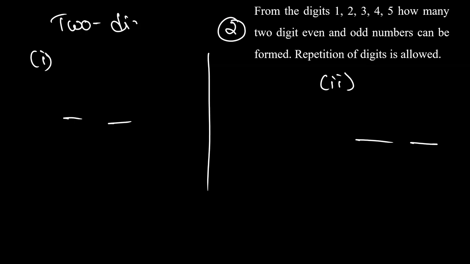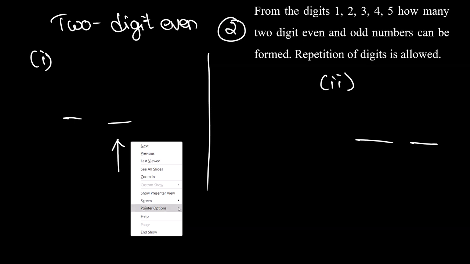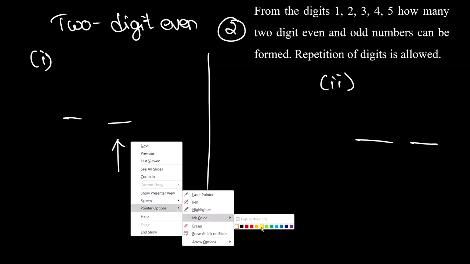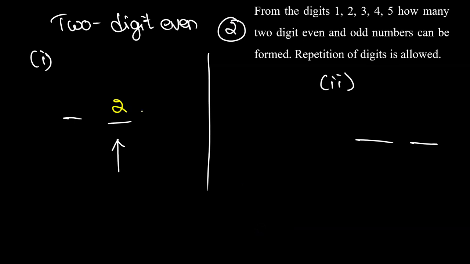When you start the question, first see the condition position. Even number means I need to see this place. Among 1, 2, 3, 4, 5, even digit, here I can go with two ways only, because I can fill the slot with 2 or 4.